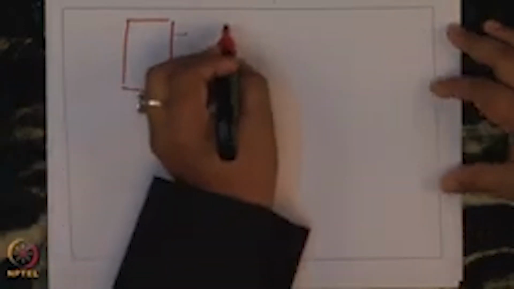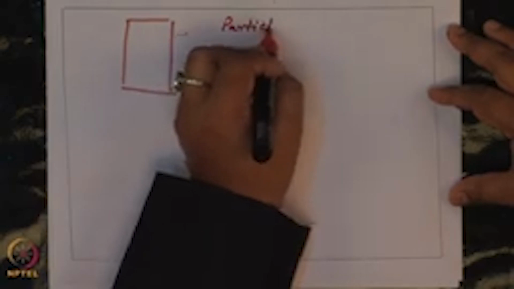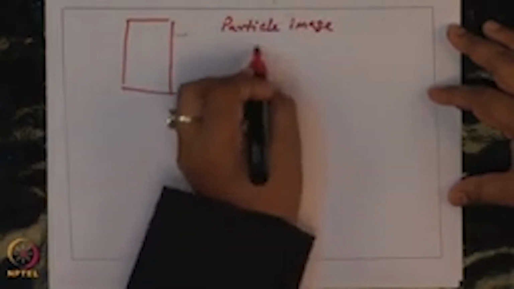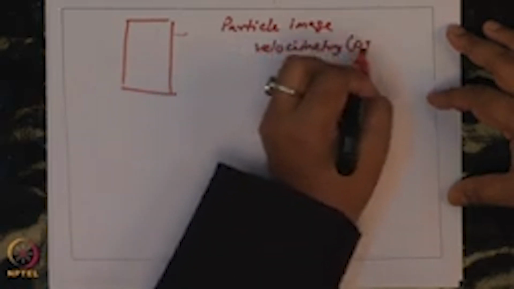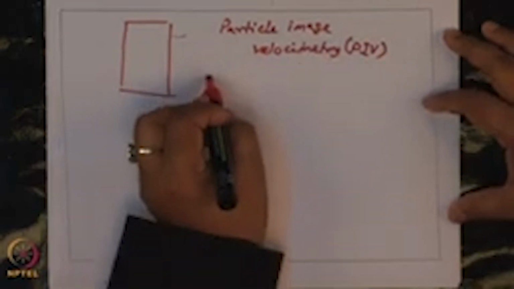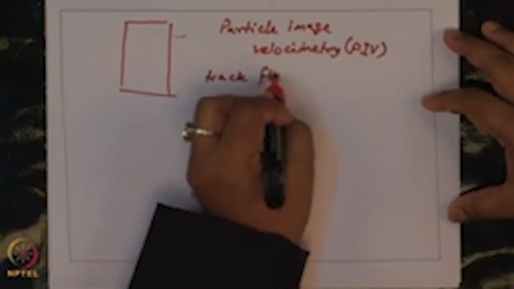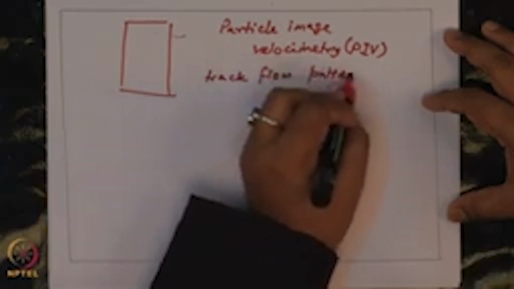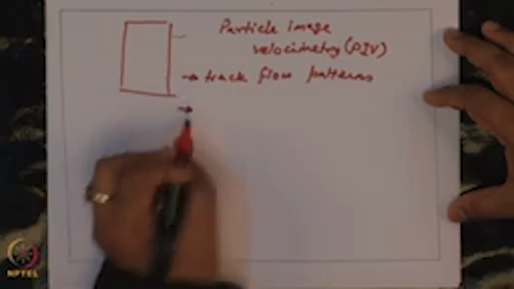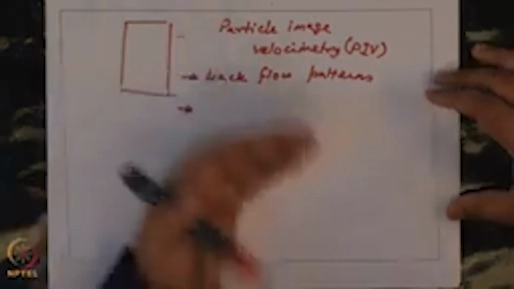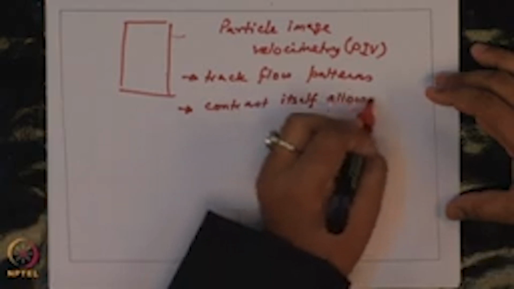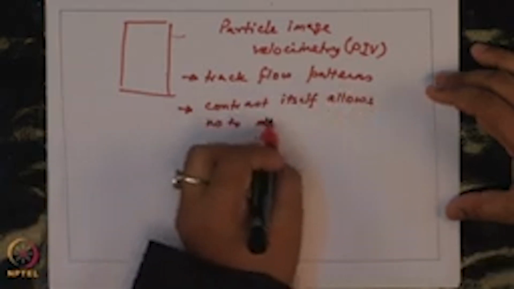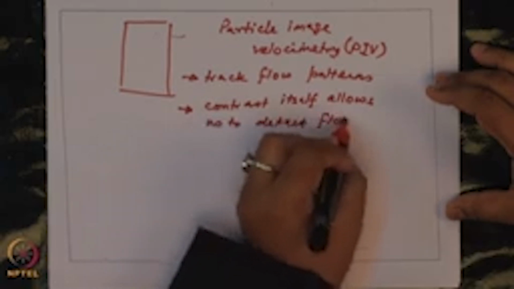And they used a technique called particle image velocimetry, or PIV, that allows us to track flow patterns. And for an epithelial layer, because there is inherent contrast, the contrast itself allows us to detect flow patterns.